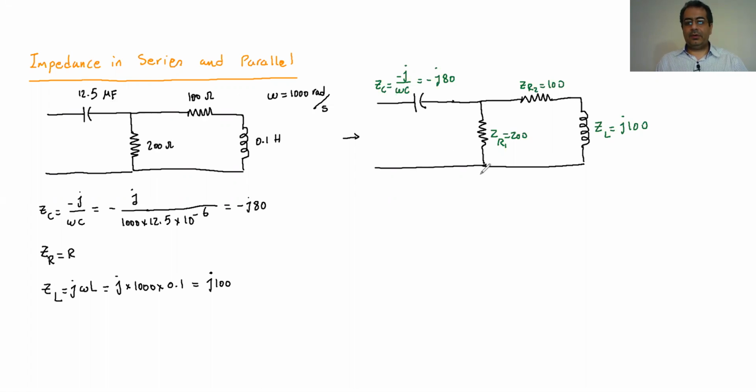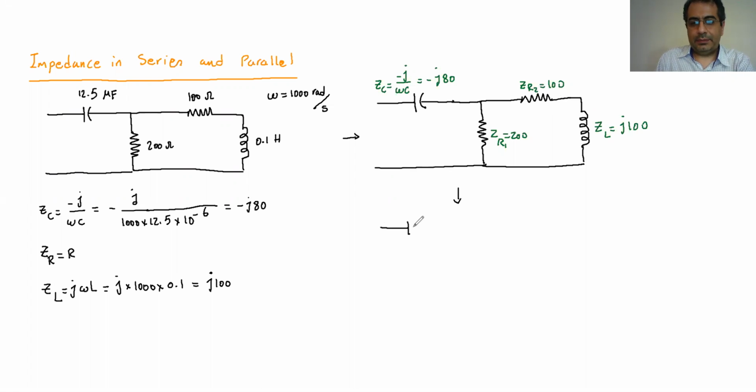Now that I have all of them in impedance, the next thing I'm going to do is simply find the equivalent ones, as if they all behave as a resistance. If they behave as a resistance, the next thing I'm going to do is draw here. These two are in series.